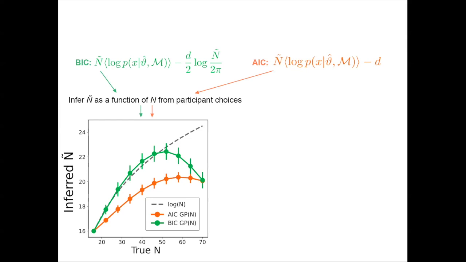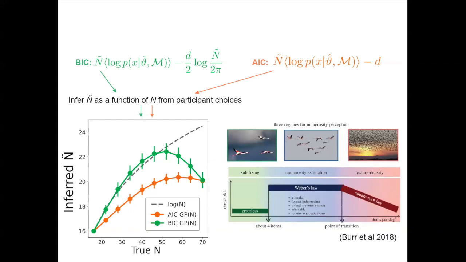I think this is interesting because this type of result is compatible with what is known from the literature on numerosity perception. I was telling you earlier that numerosity perception tends to be sublinear, but it is also known that it tends to engage different regimes depending on the particular number of things you're trying to estimate, and in particular based on things like their density.